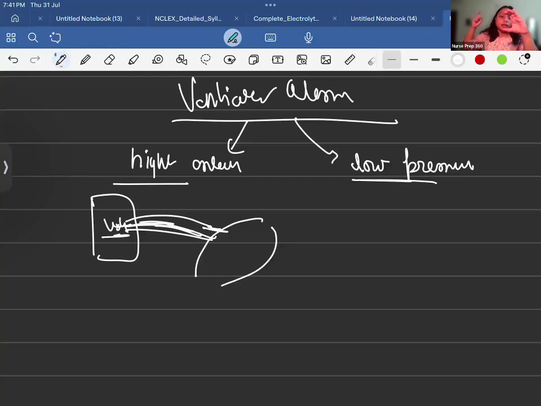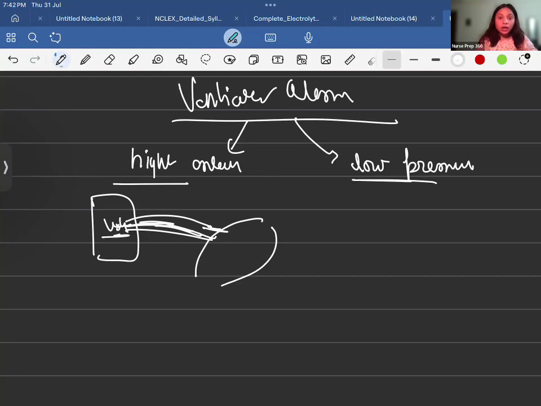When the ventilator has to put so much pressure to give this fixed volume, at that moment the ventilator alarm will go off. This is called the high pressure alarm.